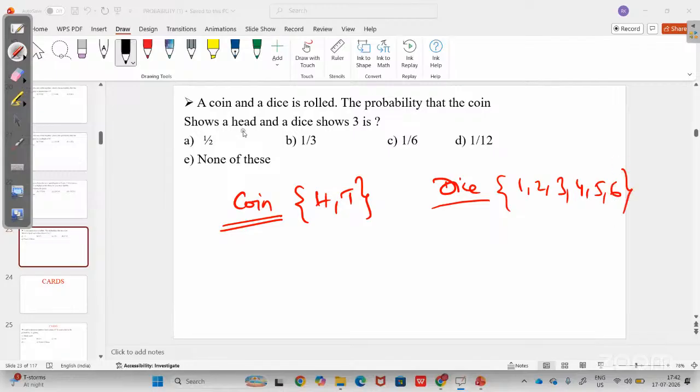So head will be equal to only 1, 1 out of 2, as well as the dice showing 3 will be 1 by 6. So 1 by 2 into 1 by 6 will be equal to 1 by 12. The answer is 1 by 12.